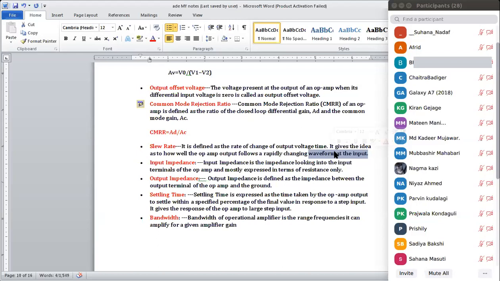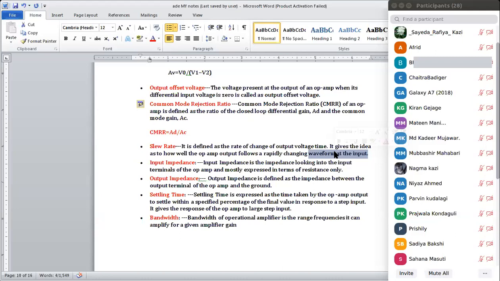Suppose I change the input at zero time. That signal goes to the first stage, then the second stage, and then is reflected at the output stage. What is the time taken for the output to change? For example, take an inverter. If the inverter input is zero, the output will be one. If the input is one, the output will be zero.